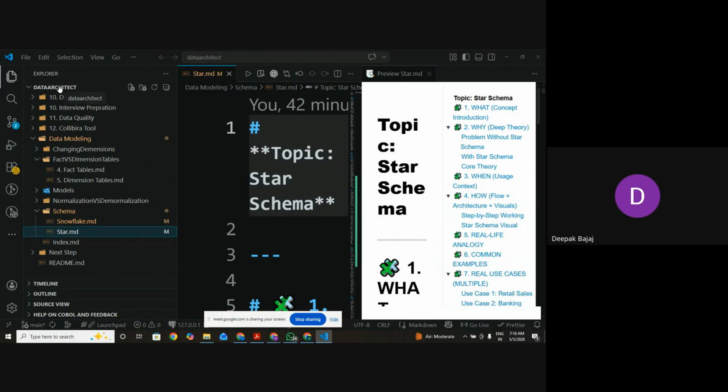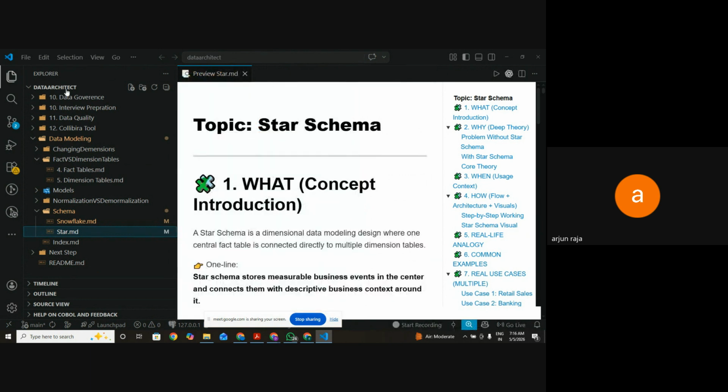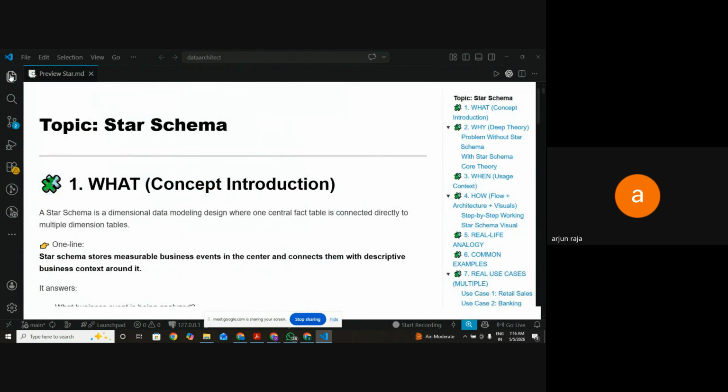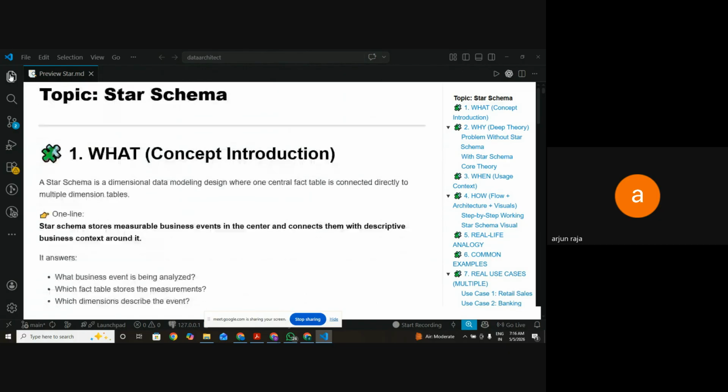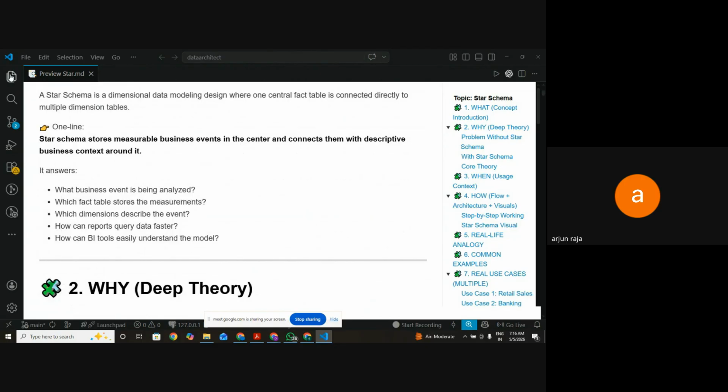What is the importance of flat tables? As we studied just now, it is easy to extract reports, performance friendly, BI friendly, and easy for querying because it involves fewer joins.